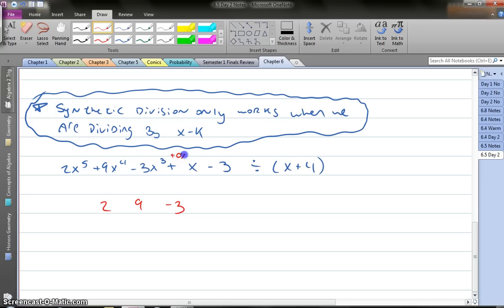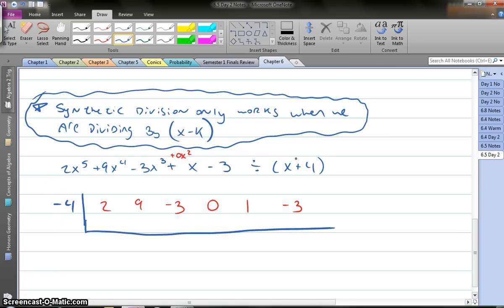So plus 0x squared, right? So you have to put a 0 in. Do not forget to fill that place value, just like we do in long division. Then I have 1 and negative 3. I got my little house upside down this time. And what's going on the outside? The opposite, so negative 4. Again, because of this x minus k, it's always the opposite of what's given.